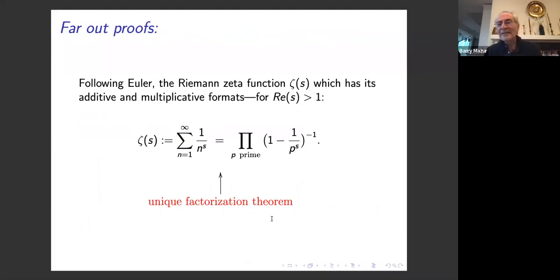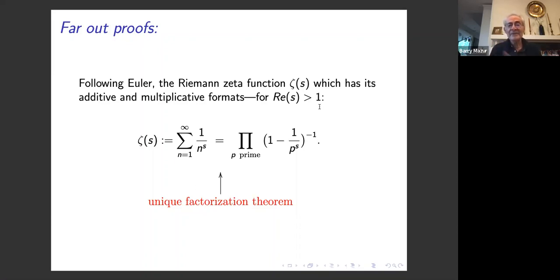More fun are some far out proofs, and I just dreamt them up for this lecture. I dreamt them up because there's going to be a Q&A, and I'm interested in people's reaction to it. Well, here's a far out proof. We're starting with the Riemann zeta function, and I put an s there, and I'm talking about complex numbers whose real part is greater than 1, but nothing that I'm going to be discussing this whole hour requires s to be complex.